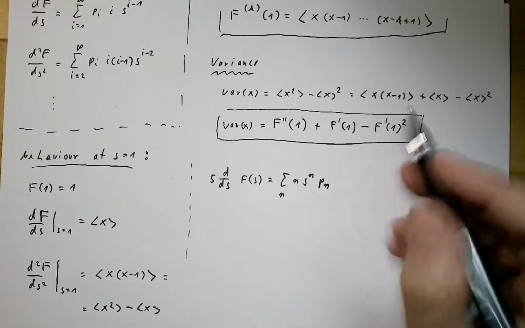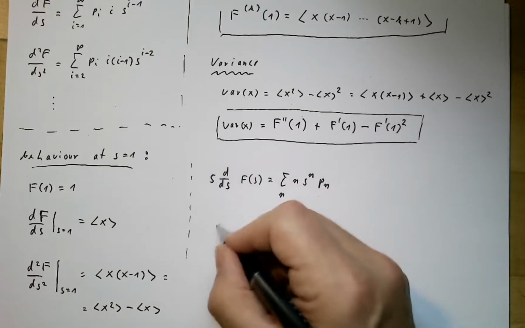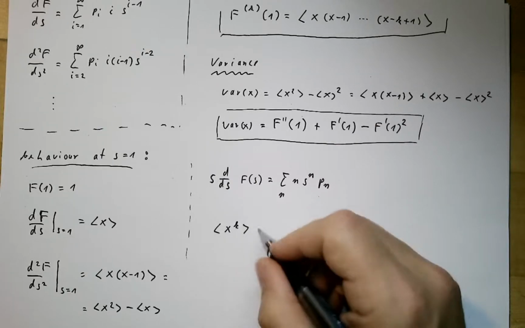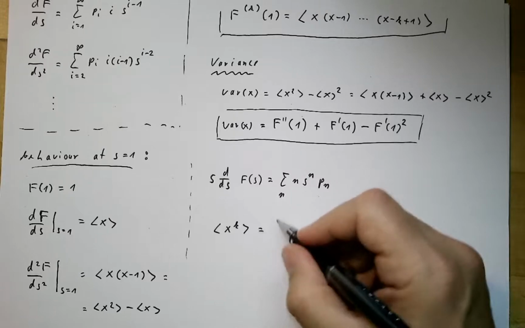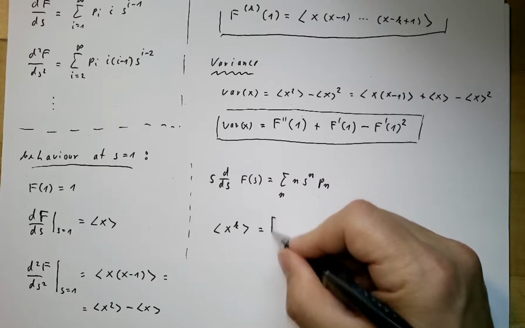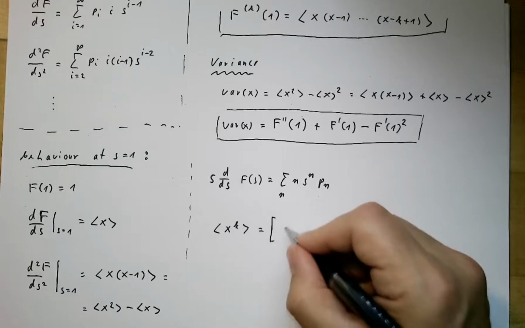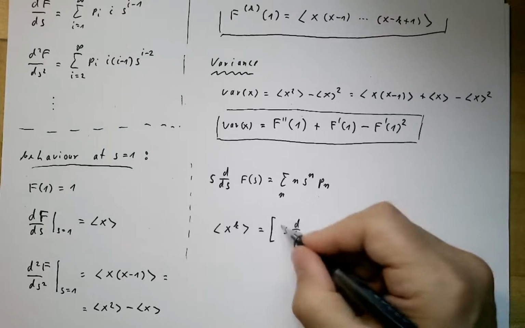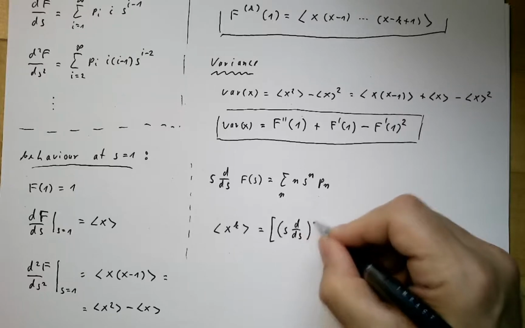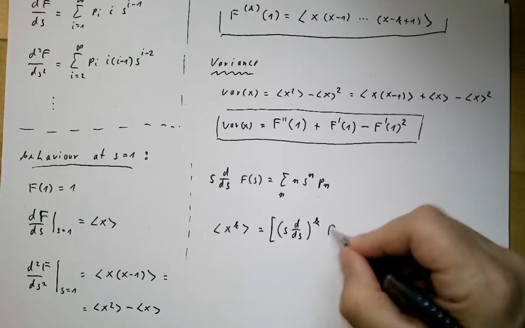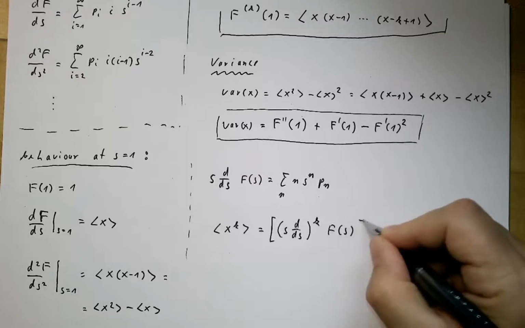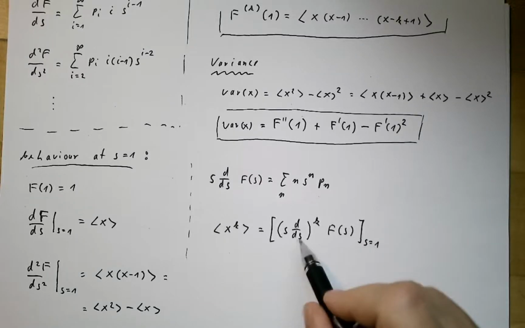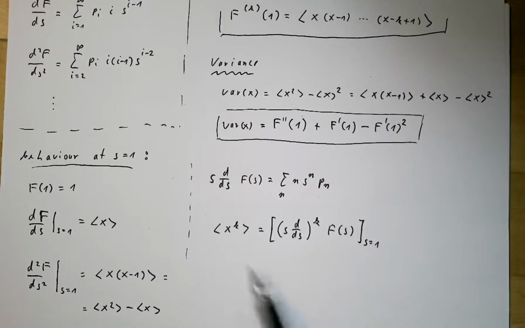And then we can work this out, and you see that we obtain the kth moment if we apply this operator s times d over ds k times to our generating function and take this at the position s equal 1, and then we obtain our moments.